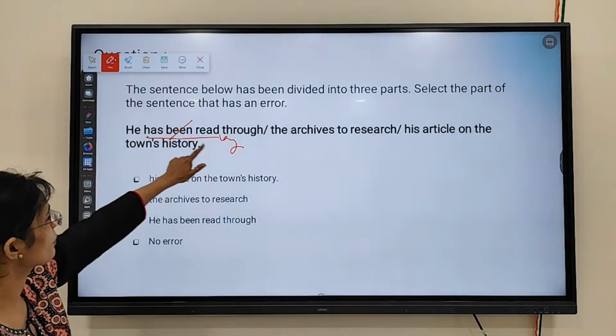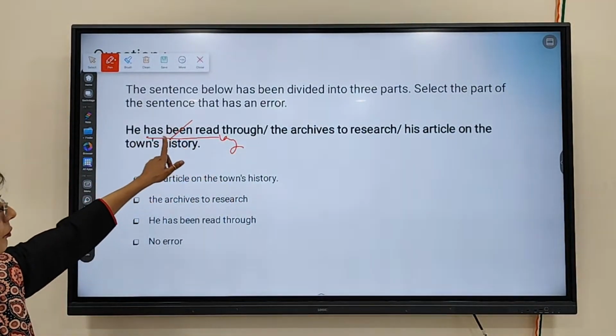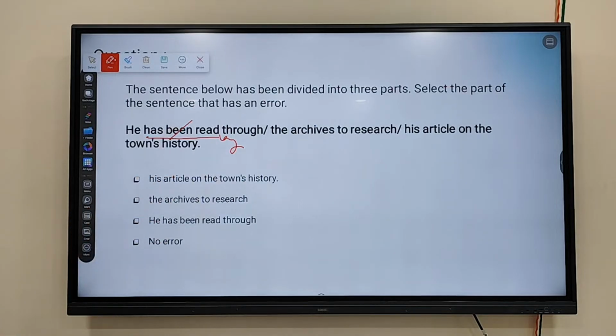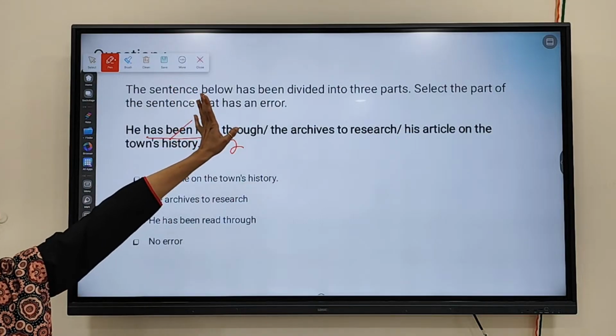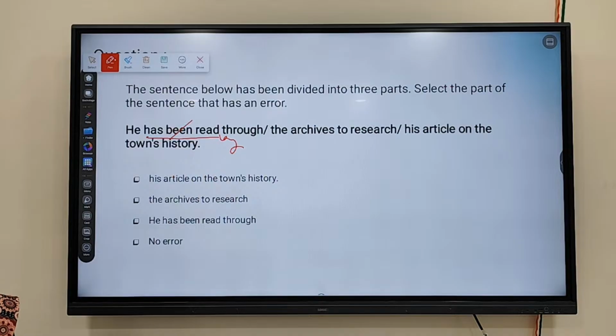I should say he has been reading through the archives to research his article on the town's history, which will mean that he has been reading, he's still in the process, or he has read through. Present perfect continuous or present perfect, either way should be the sentence.